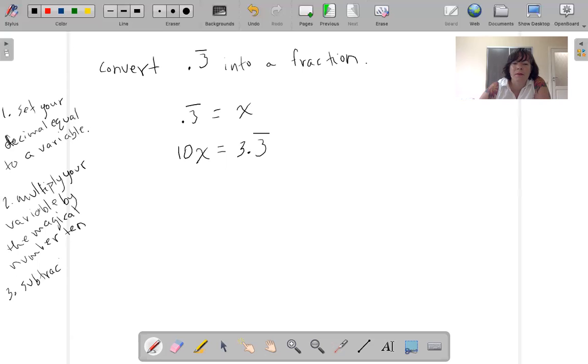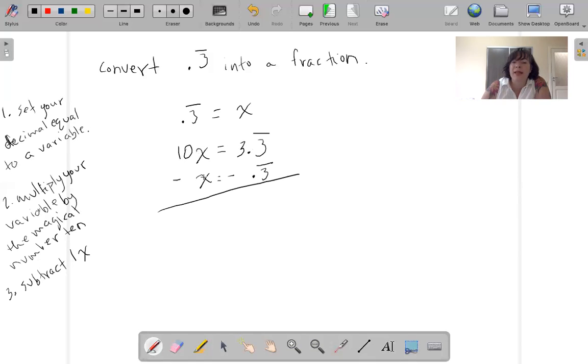Number 3, subtract 1x, minus x, minus 0.3 repeating, because 0.3 repeating is x, we're just doing it to both sides.